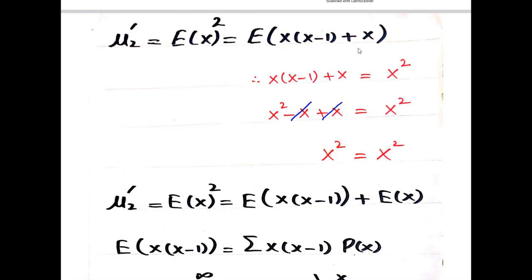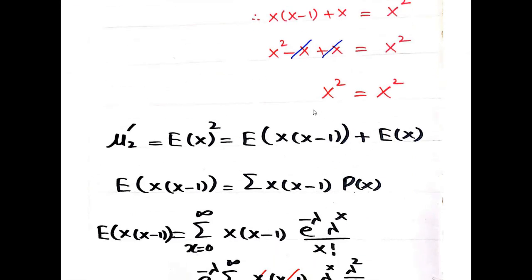Now applying expectation. When we apply expectation, we take the expectation of each term separately and the sign remains the same as in the actual position. So here is the plus sign, we write the plus sign and take the expectation of the first term and the expectation of the second term. The expected value of x we already calculated, which is lambda.